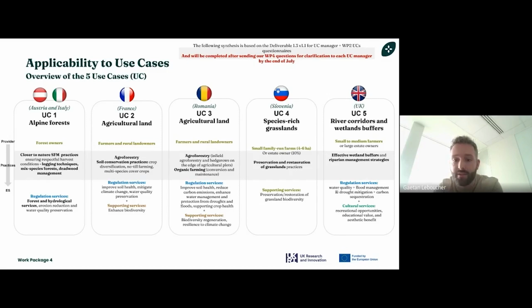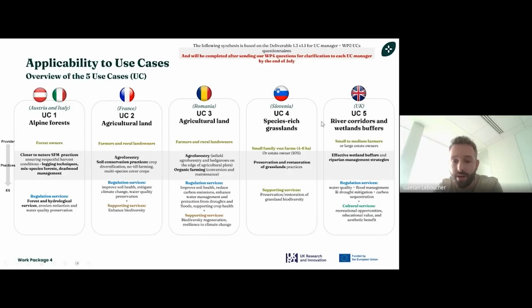Providing regulation services such as hydrological services, erosion reduction, or water quality, for example. Use case number 2 is based on the French context, and it is about agricultural lands.